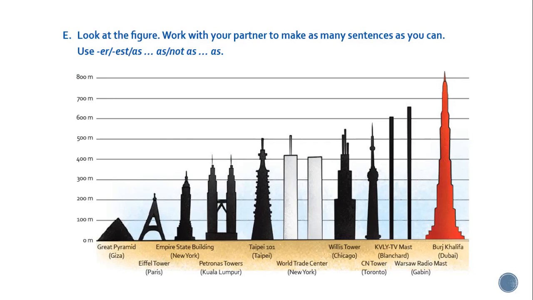So first let us understand this example. Here you can see that the Burj Khalifa has an 800-meter height. So it is the tallest one. All others are going in a decreasing manner. So the tallest one is Burj Khalifa while the shortest is the Great Pyramid of Giza. In between there is a minor difference in all the structures.